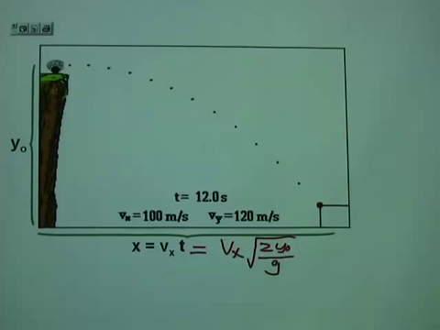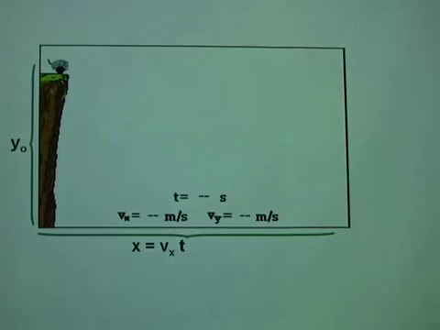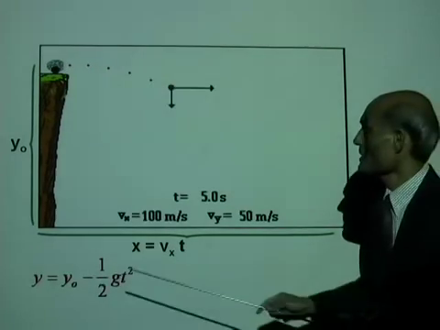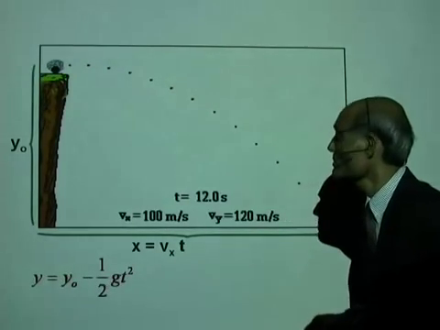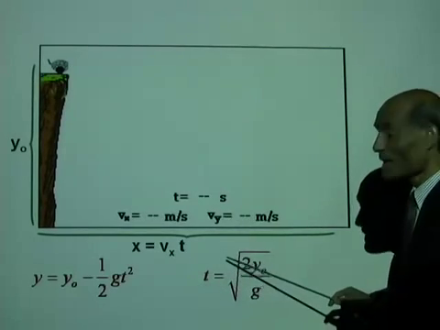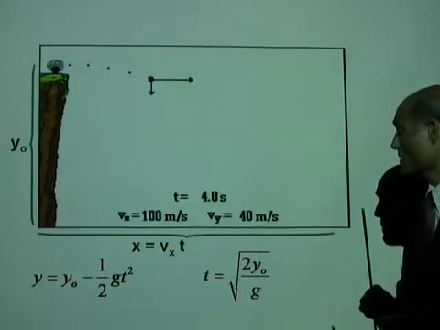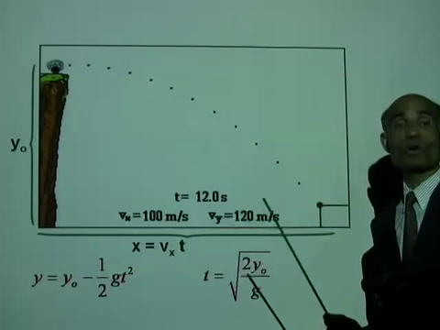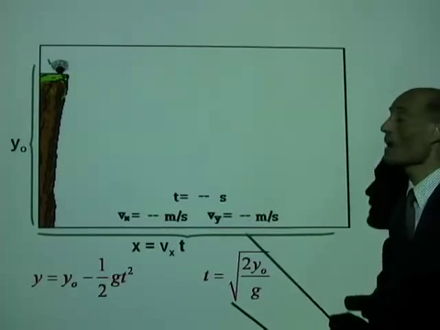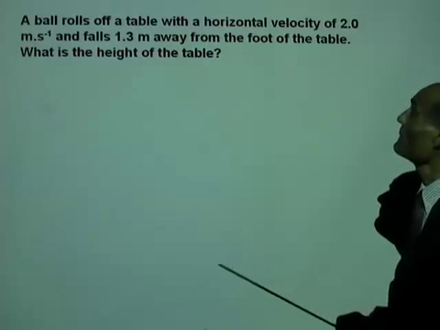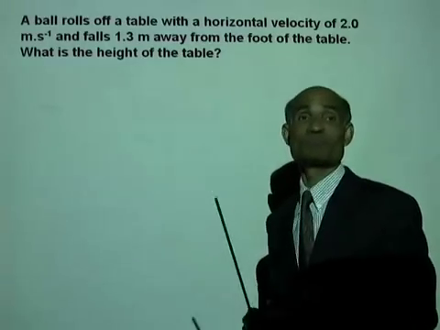Okay, let's move on. So y equals y0 minus 1/2 gt squared gives us the time of fall, the square root of 2y0 over g. Let's do a problem.